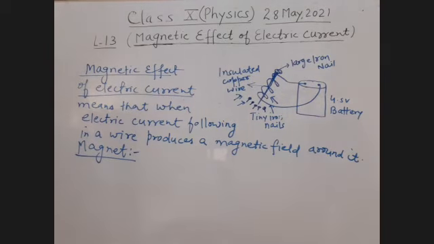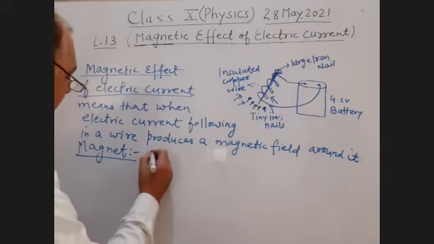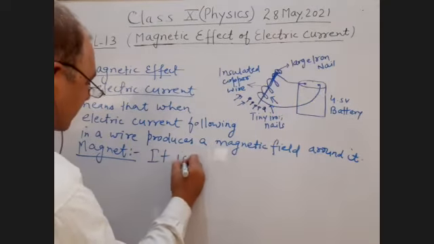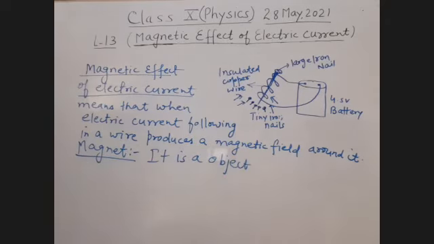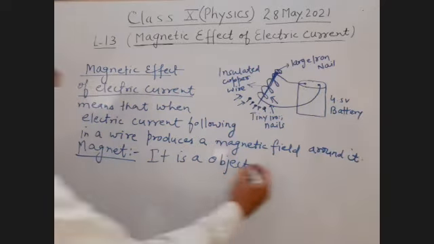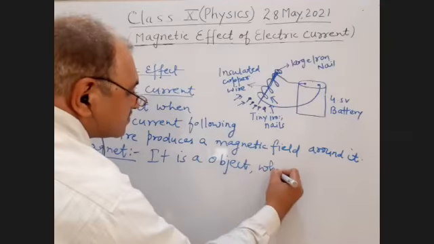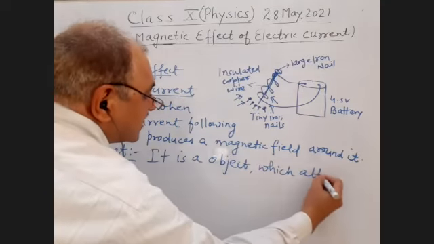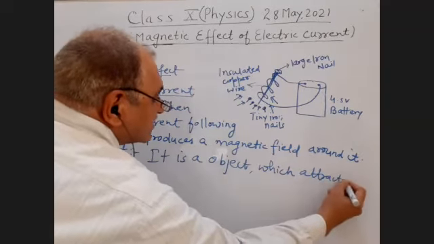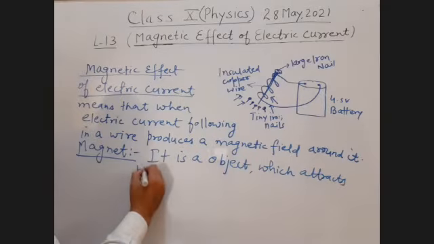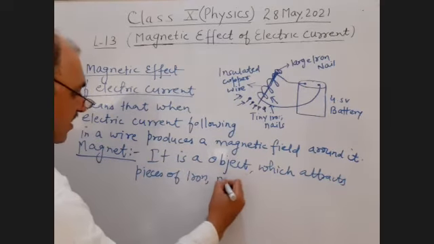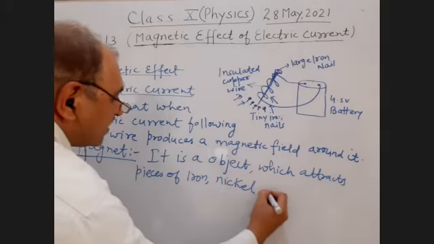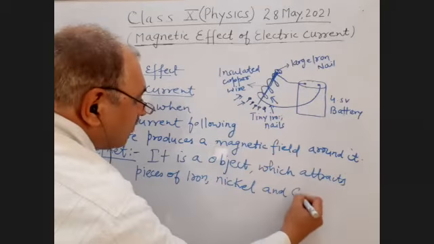It is an object which attracts pieces of iron, nickel, and cobalt.